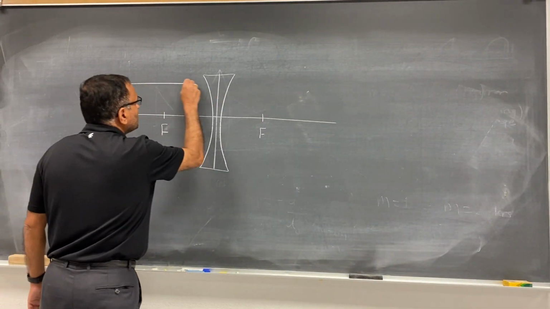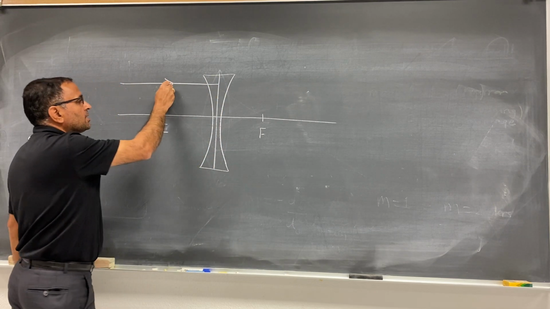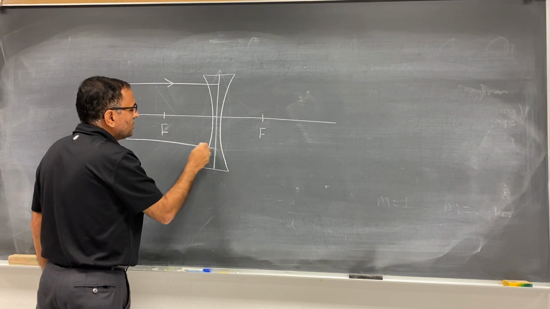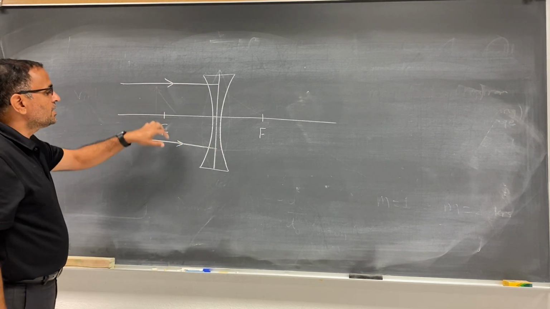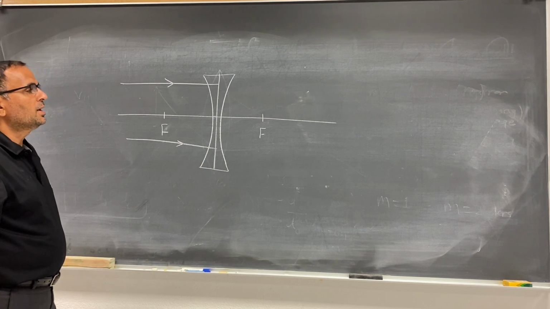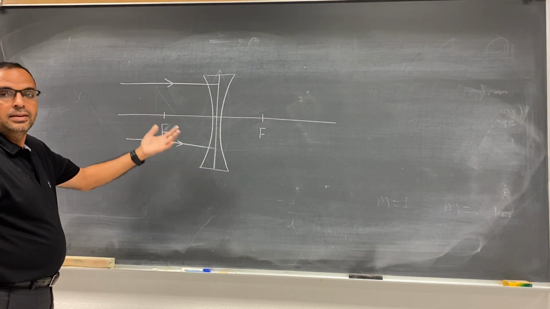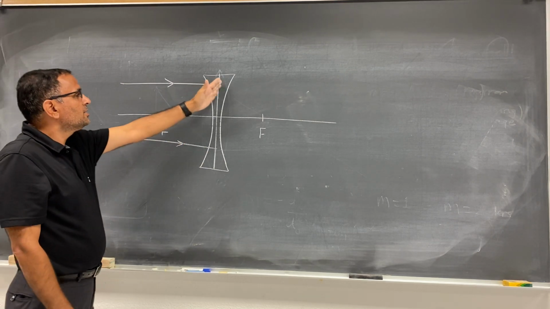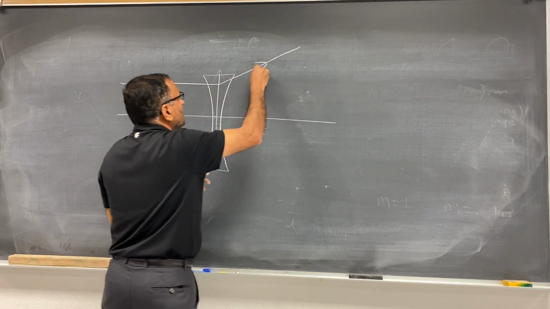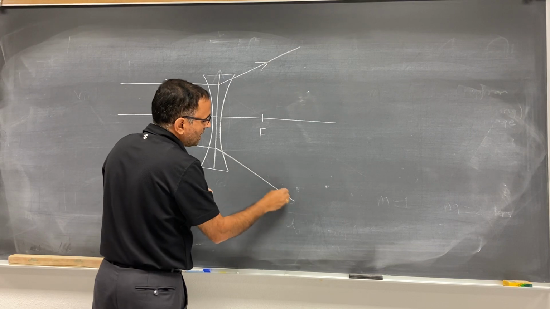So let us suppose this is the ray coming from the object at infinity, a distant object, very far. And this is another ray. Look, these two rays are parallel to the principal axis. What happens is, they refract because this is a transparent medium. So this goes like this and this goes like this.